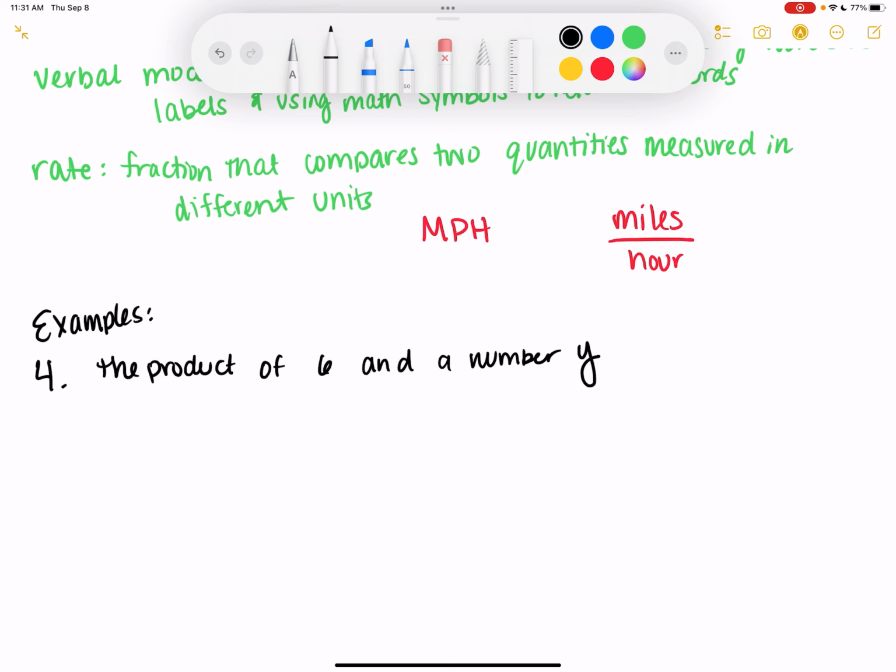And what word tells you that? Multiplication. Okay, and what word gave that away to you? Product. Okay, so we see product, meaning we're going to be dealing with multiplication. So what would we be writing then? 6 times y. Yep. So 6 and a y.